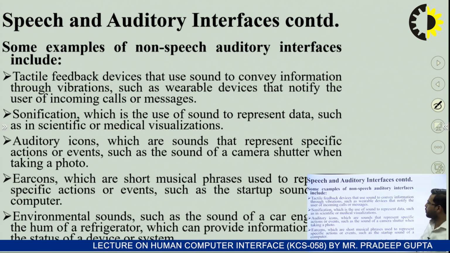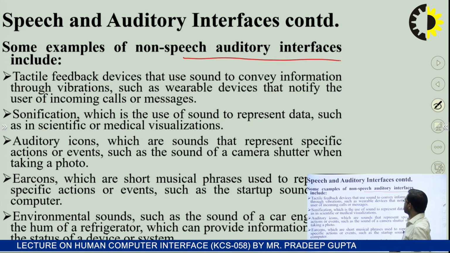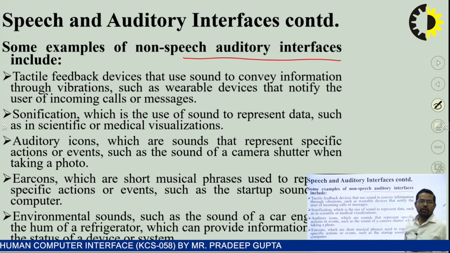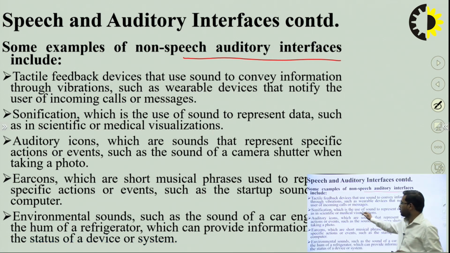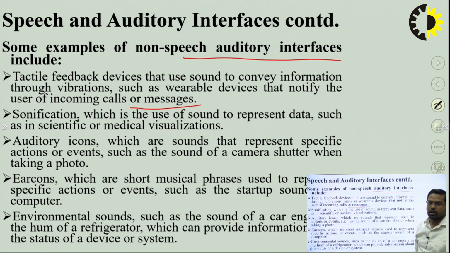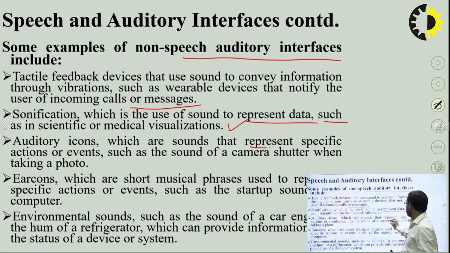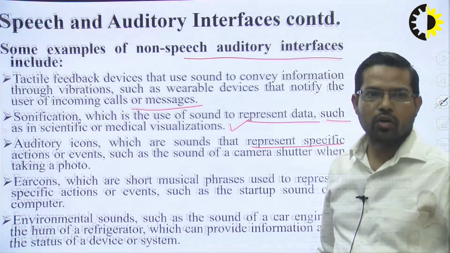Some examples of non-speech auditory interfaces include: first, tactile feedback devices that convey information through vibration, such as wearable devices that notify the user of an incoming call or message. Sonification, which uses sound to represent data, such as in scientific or medical visualization. Auditory icons, which are sounds that represent a specific action or event, such as the sound of a camera shutter when taking a photo.